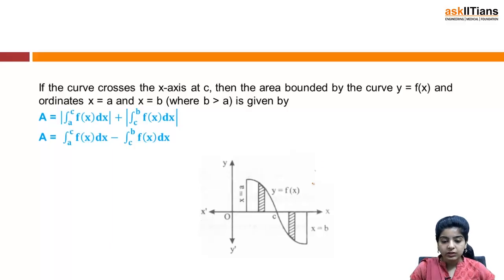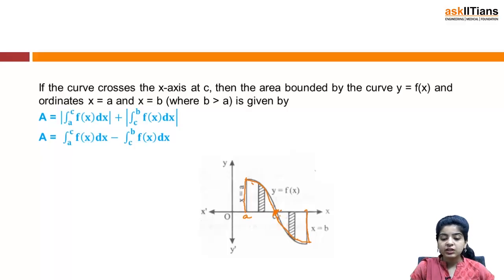Now we have a curve, this is the curve that crosses the x-axis, this is the curve y equal to fx, and suppose it is crossing the x-axis at c. Then the area bounded by this curve and the ordinates x equal to a, x equal to b, where b is greater than a, would be given by the modulus of integral a to c of fx dx plus the modulus of integral c to b of fx dx.